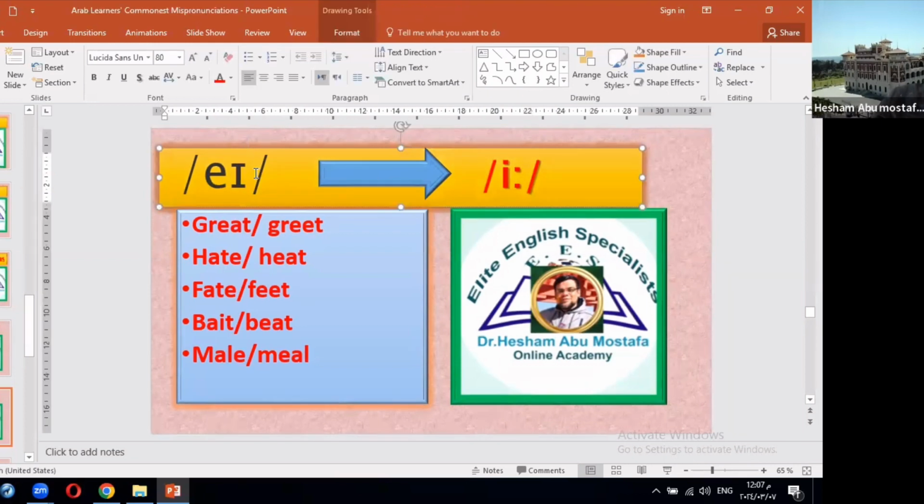No, this is a diphthong. This is a compound vowel. Some students don't know the differences between a monophthong and a diphthong, a long vowel and a diphthong, so they make it easier by pronouncing it as long E.